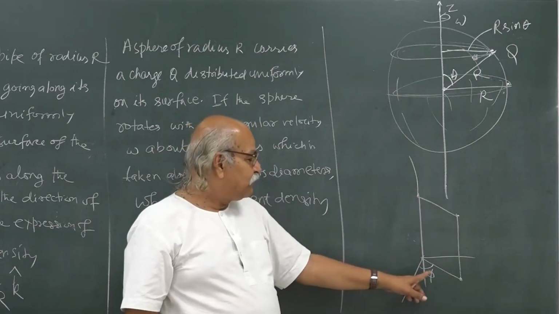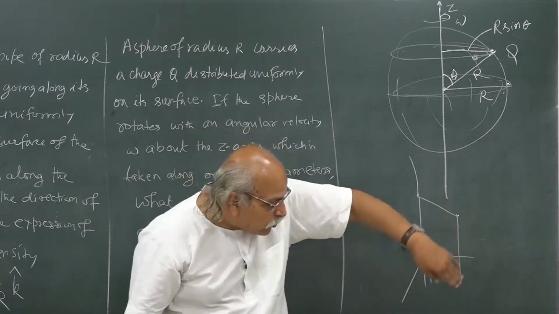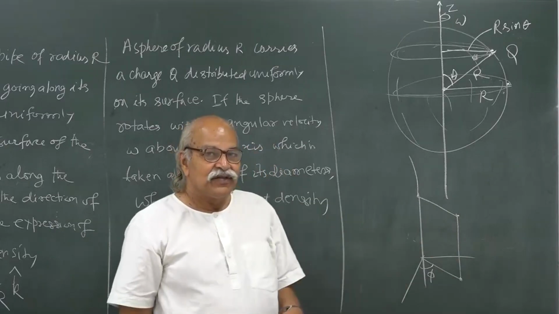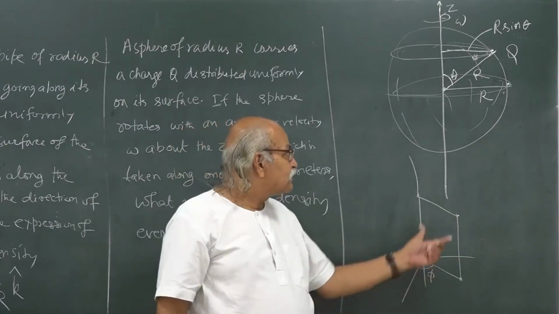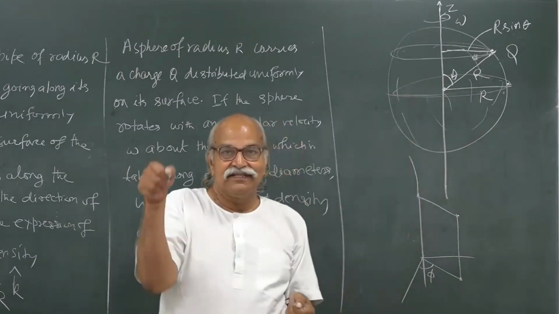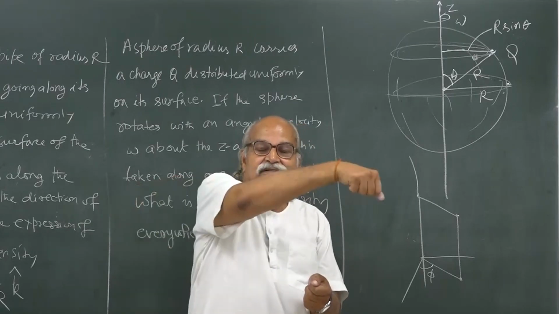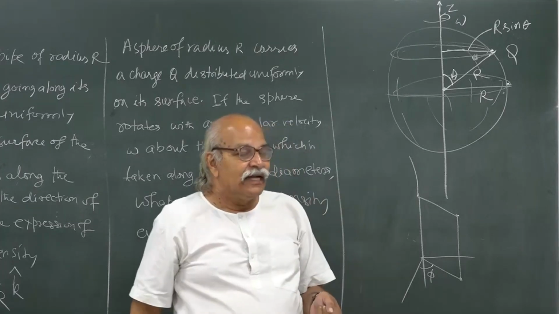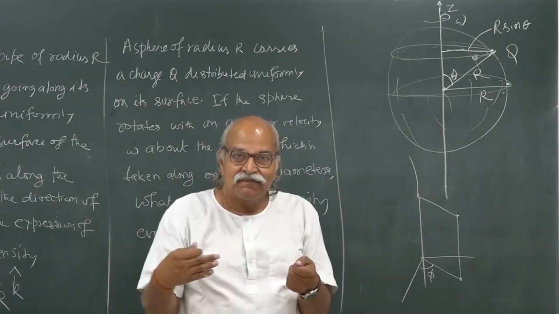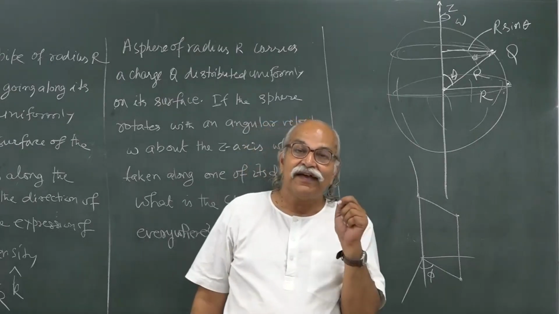When phi is changed, this point goes along that circle. At one point phi equal to 0, which is just above the x axis, and then as you rotate it in that horizontal plane, phi changes from 0 to 2 pi, and the direction in which phi increases is called unit vector phi cap.